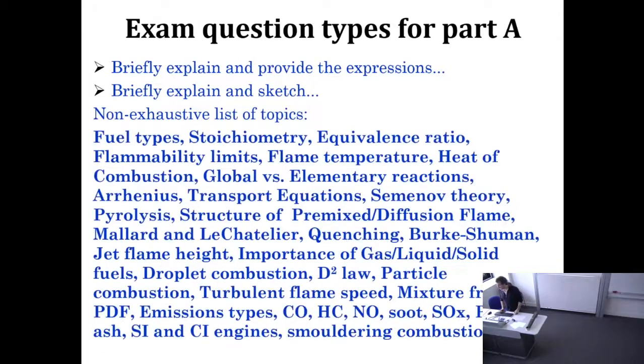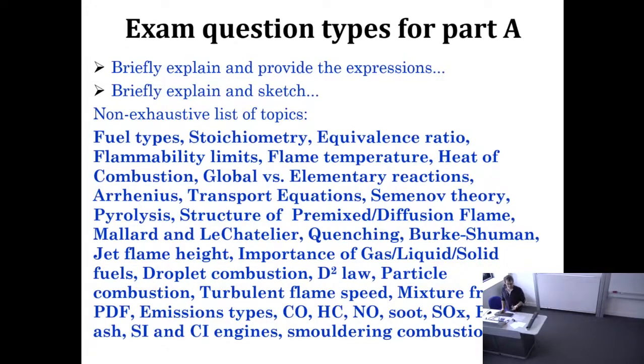Some topics that I might ask you about, these are just some examples very quickly when I went through the slides. I could ask you about fuel types, stoichiometry, equivalence ratio, premix diffusion flames, quenching, Brooks-Schumann, D-squared law, emissions, combustion engines. Sorry, the last one over here is smoldering combustion. Is because in the past this course, instead of introduction to fire dynamics, it had an introduction on smoldering combustion, but you don't have that, okay?